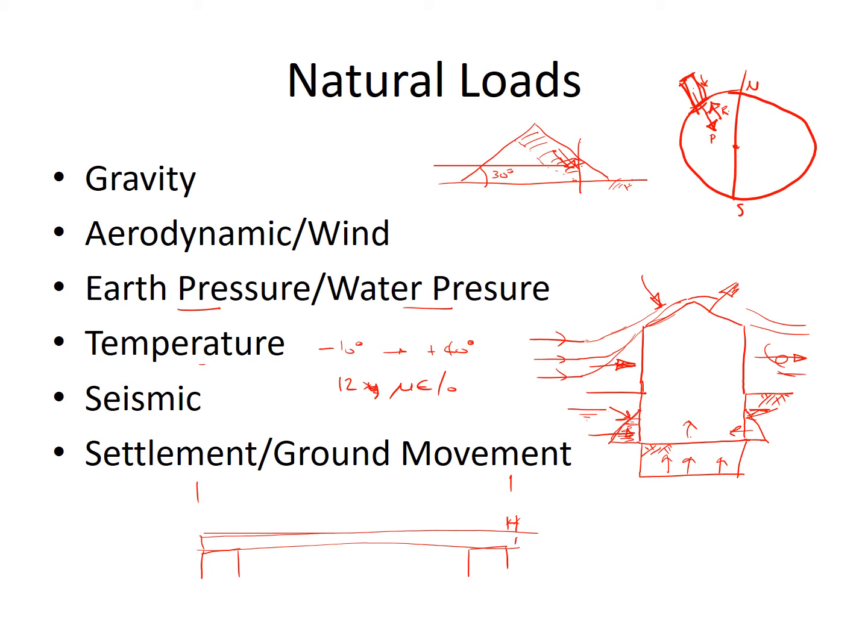So if that's the original length of our deck, as the temperature rises for each degree, a certain percentage of that deck length will be the amount by which the deck increases its length for a positive change in temperature. Now, for longer spans, so typically for most bridge structures or some of the longer buildings, it's necessary to accommodate that expansion, because that expansion can get quite big.